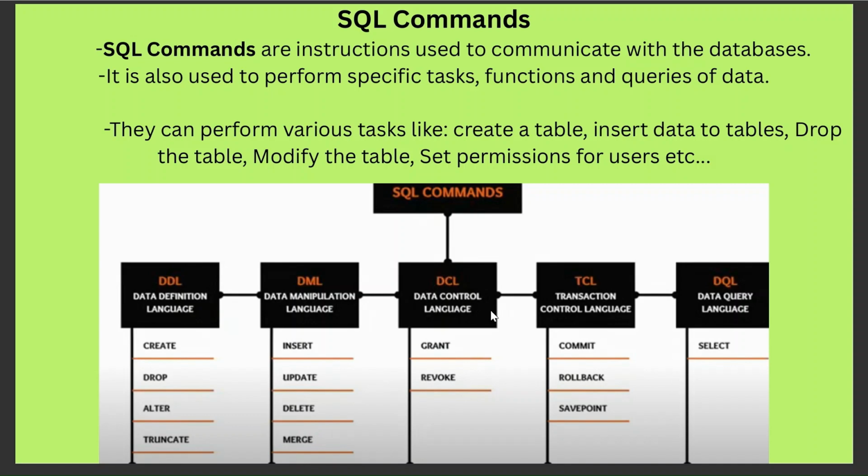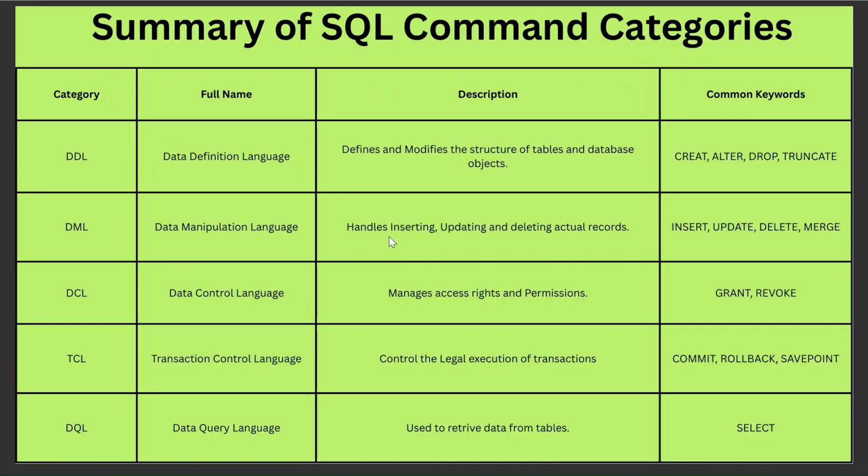Then you have data control language, where we have grant and revoke, majorly for granting permission. Then we have transaction control language, with examples including commit, rollback, and savepoint. And then we have data query language, with examples including select.